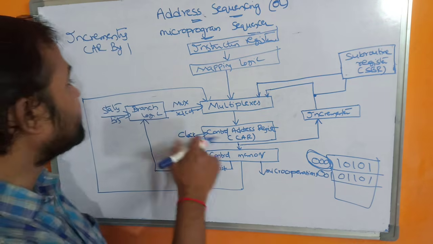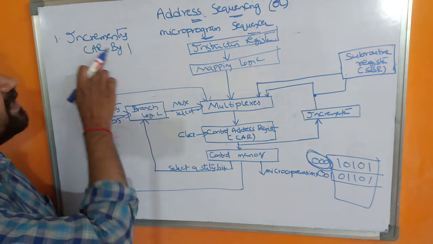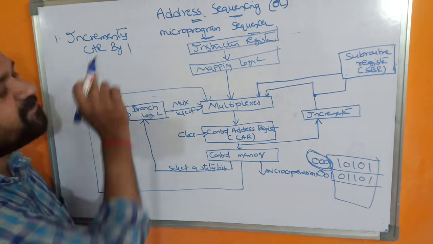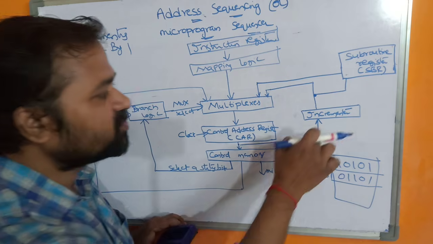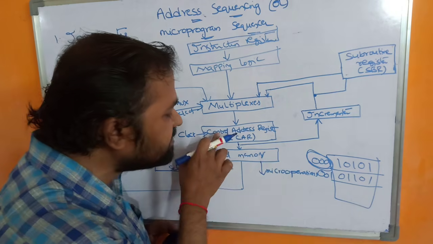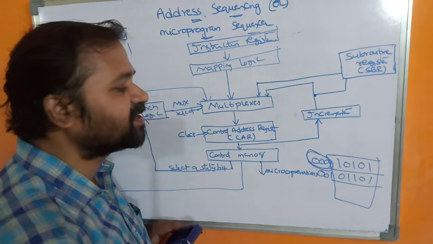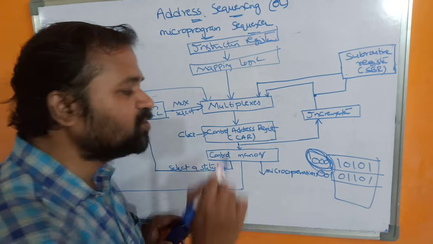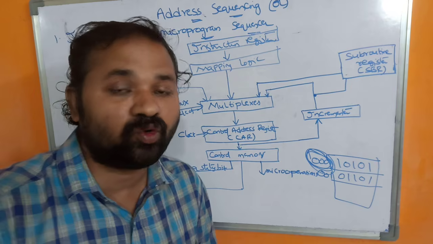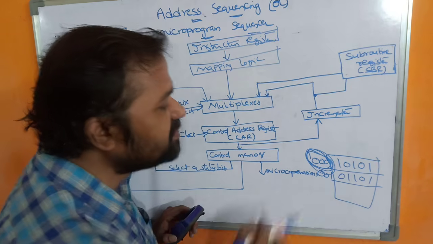So the first approach is incrementing the control address register by 1. For that purpose, we use an incrementer circuit, which increments the control address register by 1. What is the previous value in the control address register? 000. If we increment 000 by 1, the output is 001.